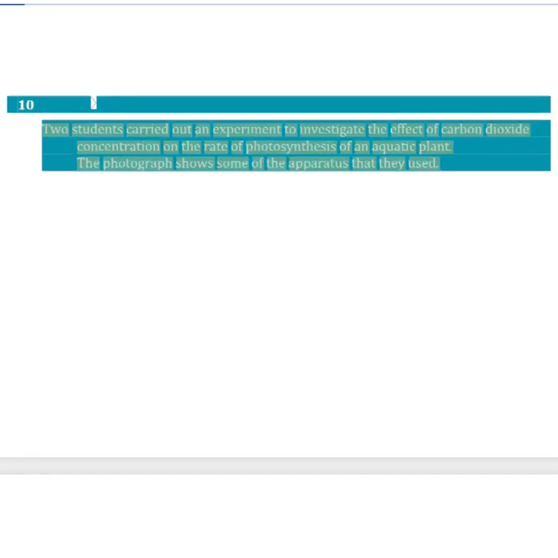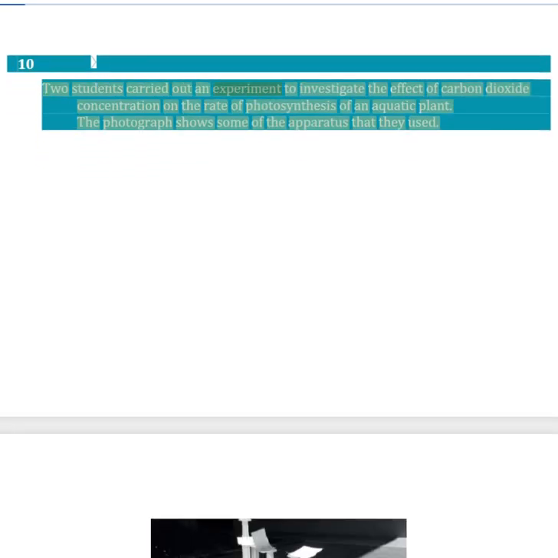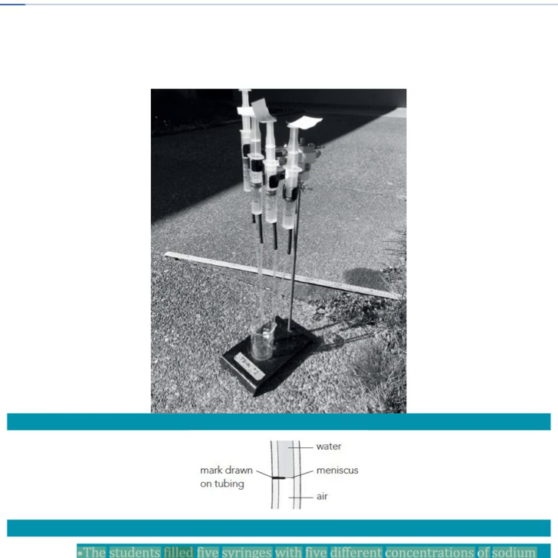10. Two students carried out an experiment to investigate the effect of carbon dioxide concentration on the rate of photosynthesis of an aquatic plant. The photograph shows some of the apparatus that they used. The students filled 5 syringes with 5 different concentrations of sodium hydrogen carbonate solution. This provides carbon dioxide.